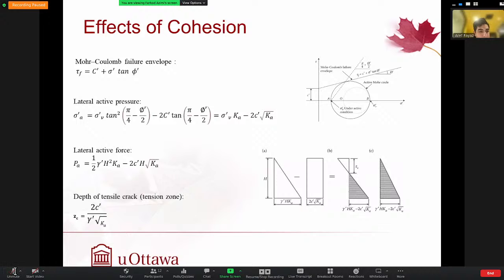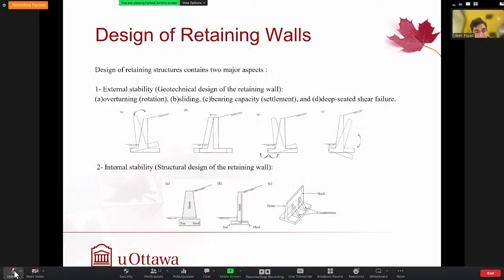All right, so now we're going to consider the effects of cohesion, for which we have our lateral earth pressure, our lateral active force, as well as the depth of the tensile crack. Moving forward, we're going to talk about the design of retaining walls, for which there are two major aspects, the external stability and the internal stability.